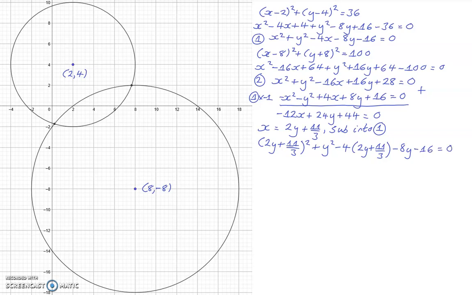Now this equation simplifies to this quadratic equation.